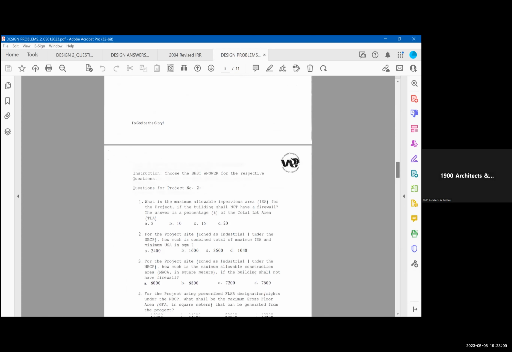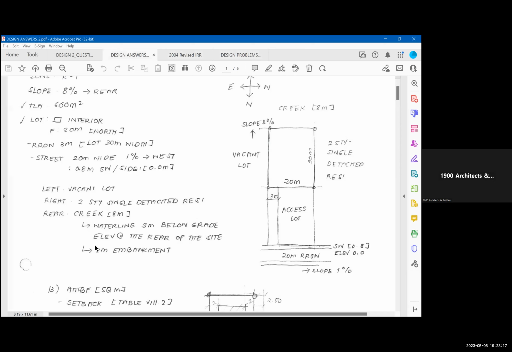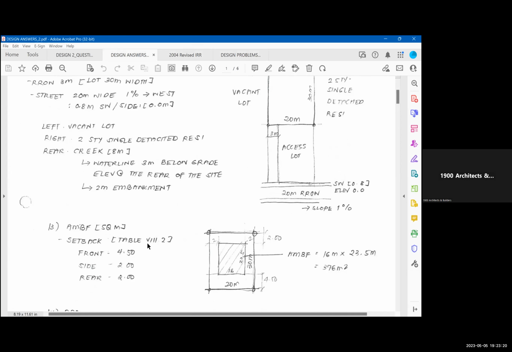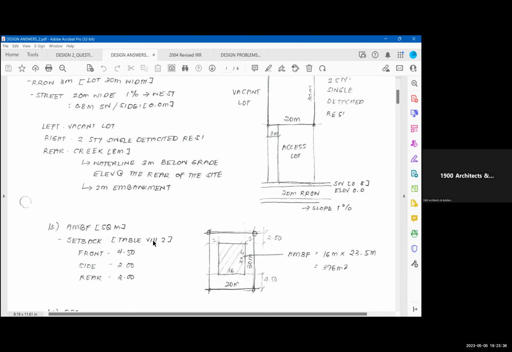So the AMBF, of course, kukunin natin yung setbacks niya. Dahil meron naman siyang zoning, so nakuha natin. Siguro naman pagka-practice nyo, alam nyo na kung paano kumuha ng AMBF and alam na natin kung saan mahahanap yung setbacks. So, nasa table 8.2 yan. Okay, so dun sa file nyo, sa new file ng rule 7 and 8, sorry, hindi ko alam yung page.